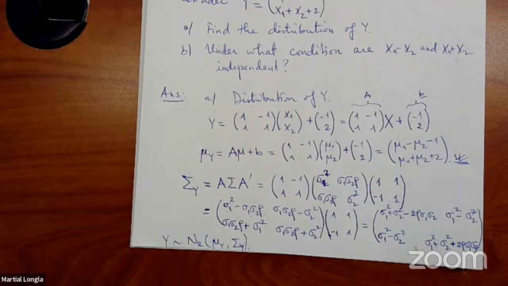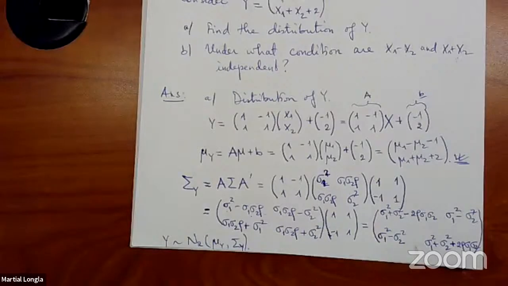Now to answer the second part of the question, which is part B, you need to know that the components of a multivariate normal vector are independent if their variance covariance matrix is diagonal, as we had in the example in the last lecture.